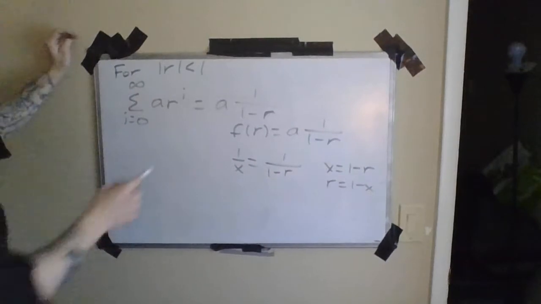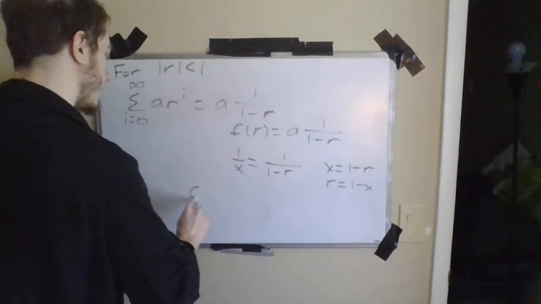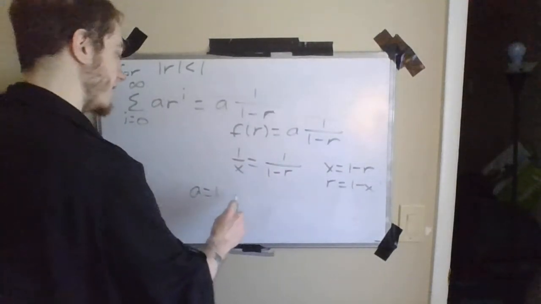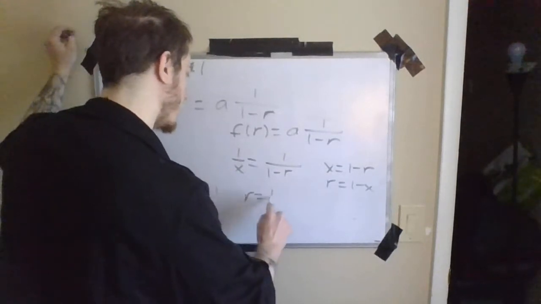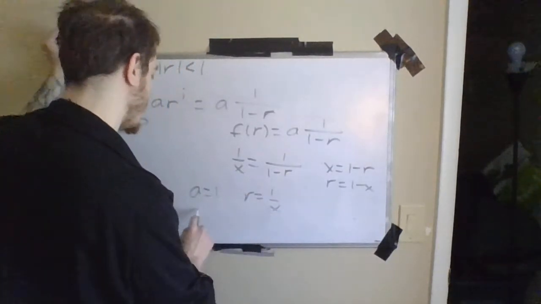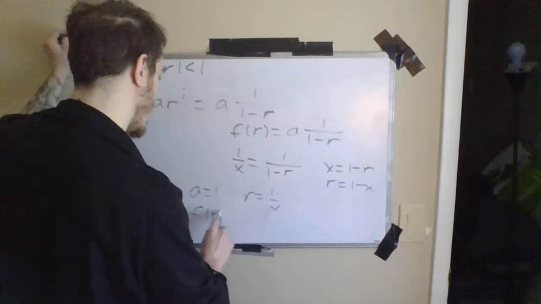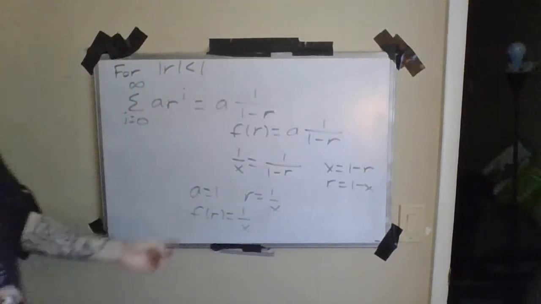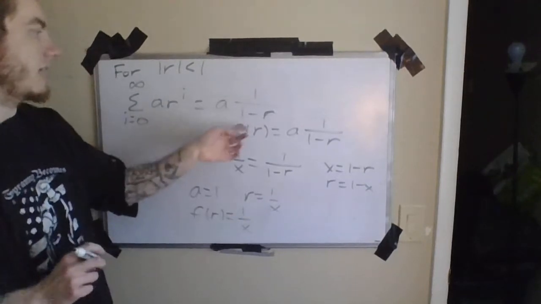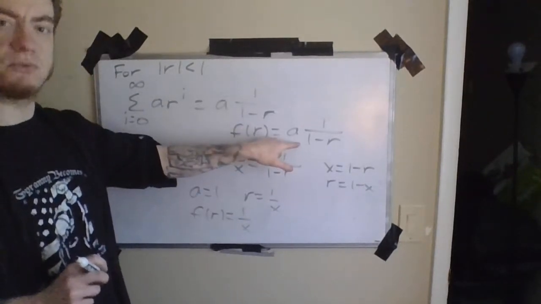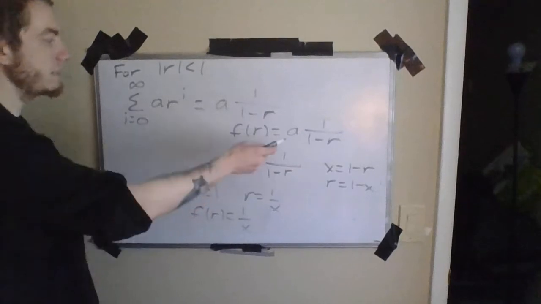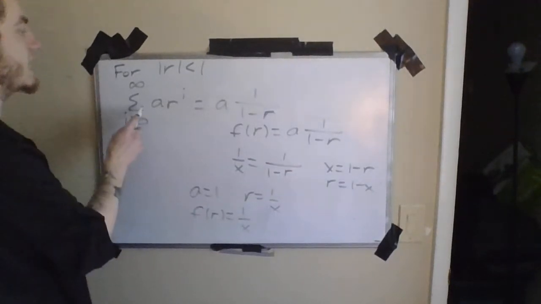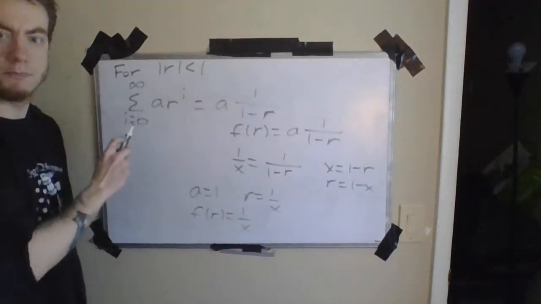In other words, if I set a equal to 1, and if I set r equal to 1 minus x, then f of r is equal to 1 over x. So I can even express 1 over x in terms of one of these formulas, but that means that I can express this function in terms of an infinite sum.